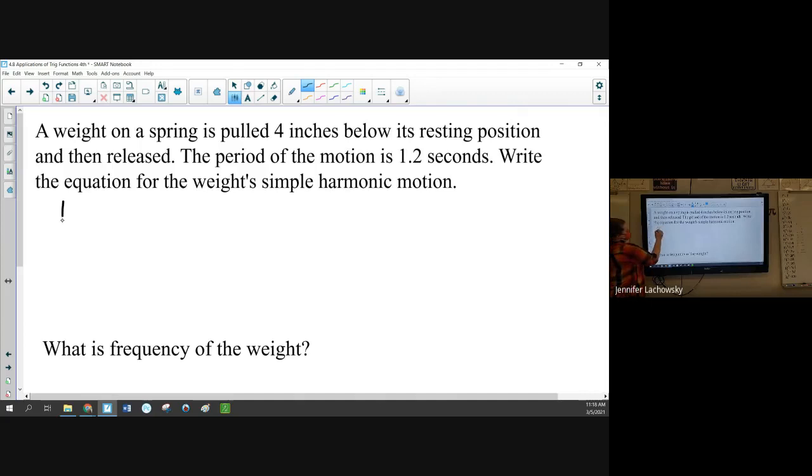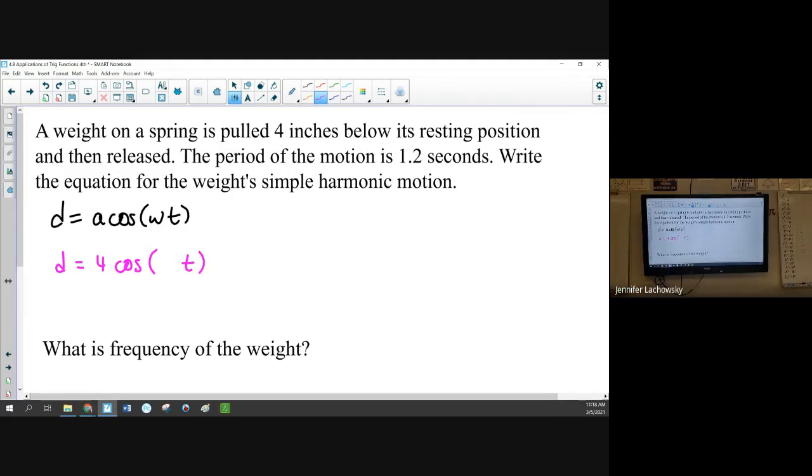Is this d equals a sine or a cosine? Okay. So what is a? 4, right? Because it's pulled 4 inches away from resting position, and then we just need to figure out the b.